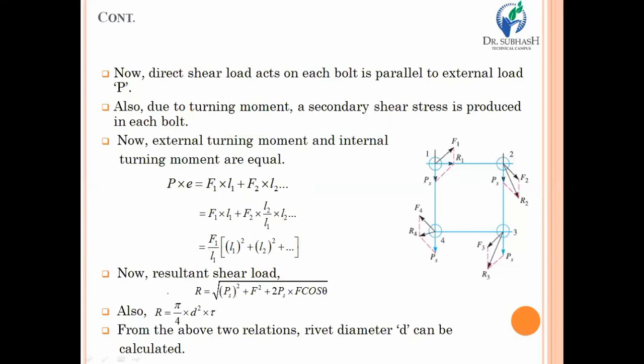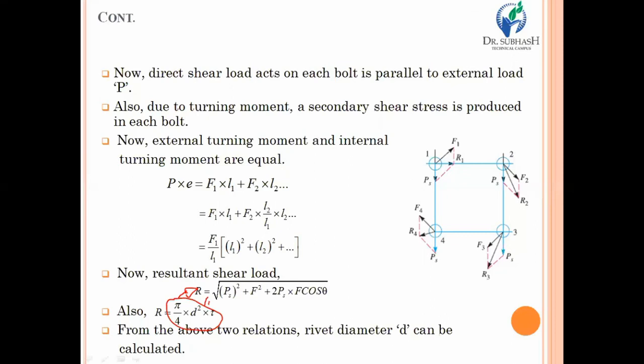Also, R is equal to pi by 4 d square into tau. So, R stands for the load or force. By equating both of the relations, by putting the values of R over here, you can calculate the rivet diameter D. And once you have calculated the rivet diameter D, then you can calculate or derive the other geometric parameters of the threaded joint too.